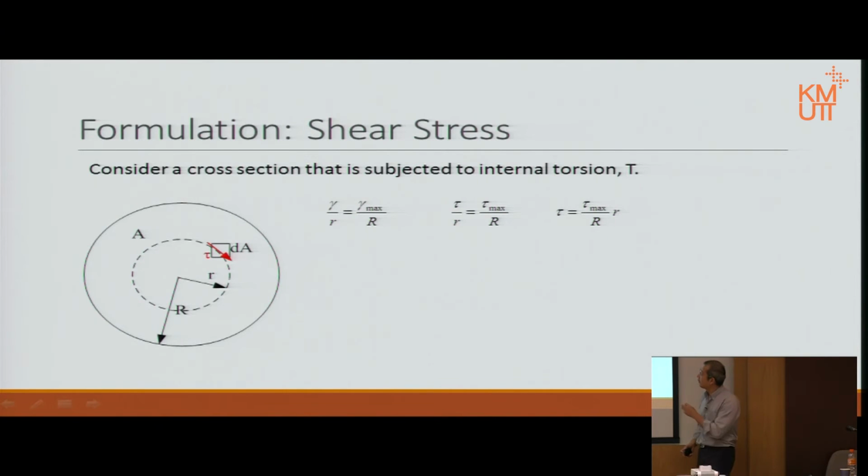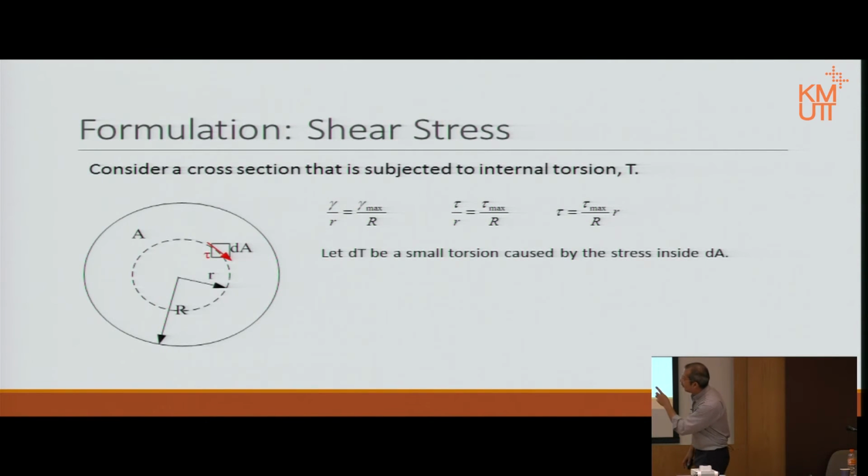Now, we're talking about the shear stress for now, because we have to turn it into forces, and then from force take it into moment and relate that to the torsion. If we have a small force caused by shear stress in a small dA, then we can calculate the torsion from that small force.